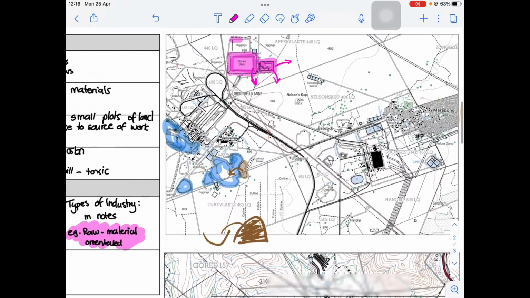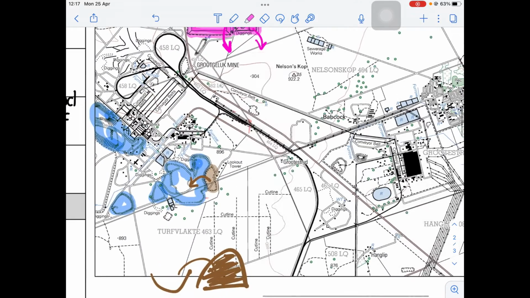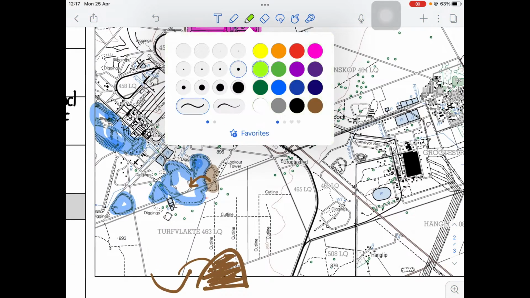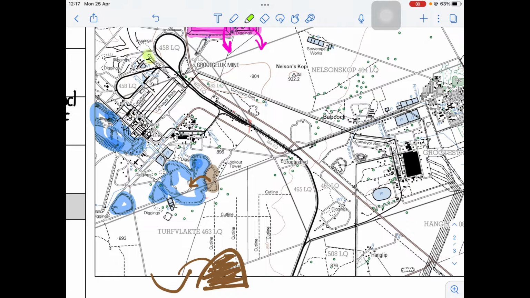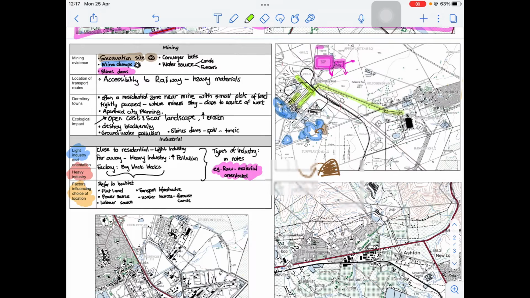Often we can see for mining that especially if they have to move that rock somewhere, we will see evidence of conveyor belts. Okay, so here you can see an extensive network of conveyor belts that are being labeled, taking that actual mineral or rock that holds the mineral to a processing plant.